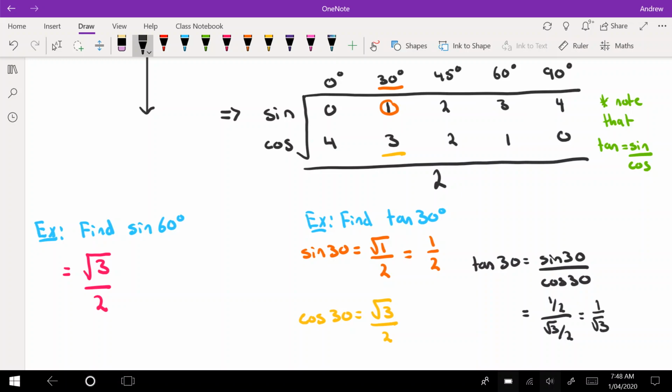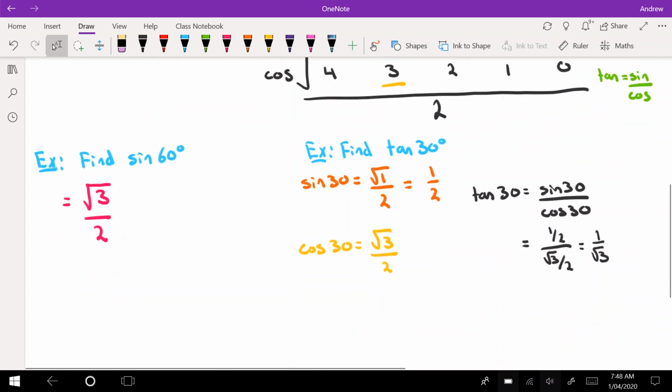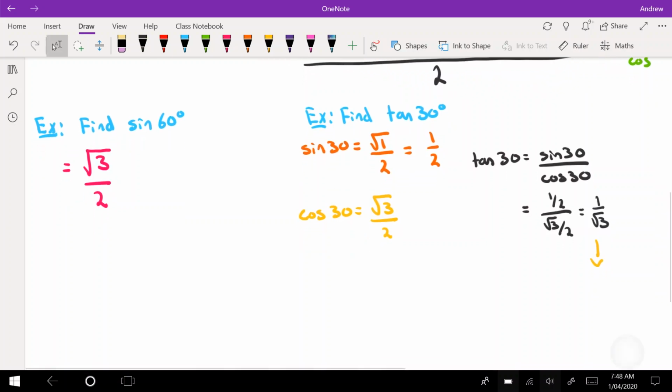And now we know that we don't really like surds in our denominator, so we're going to do something to this fraction. We're going to times the top and the bottom both by root 3. So it's going to be 1 times root 3 over root 3 times root 3, which equals root 3 over 3.